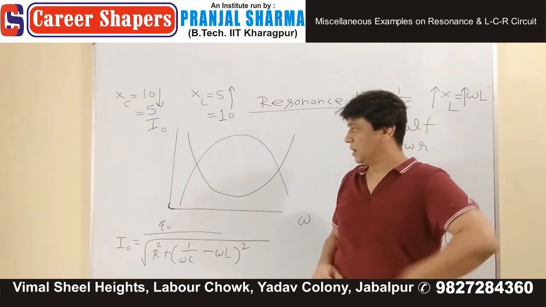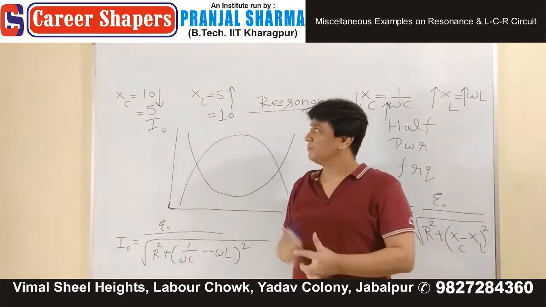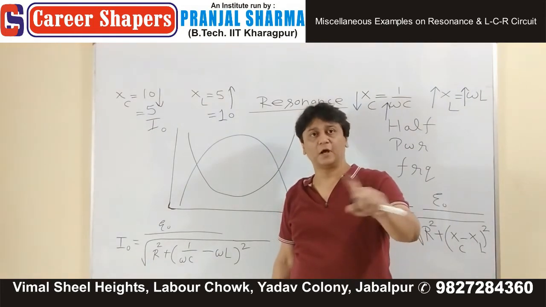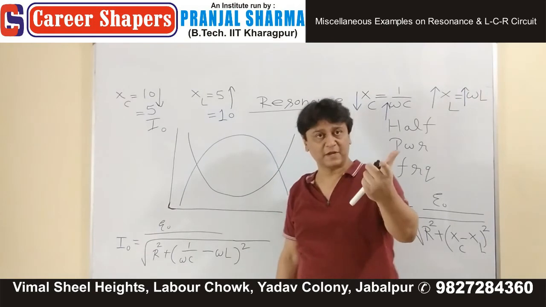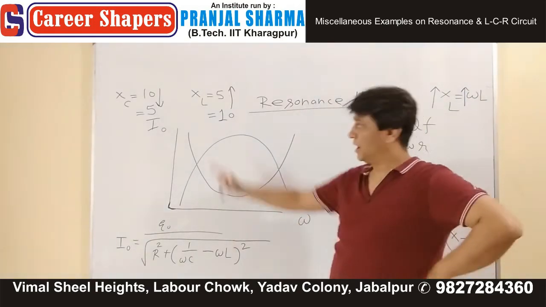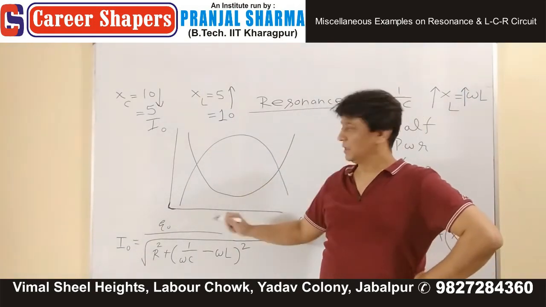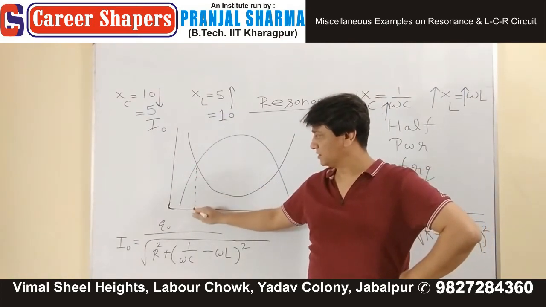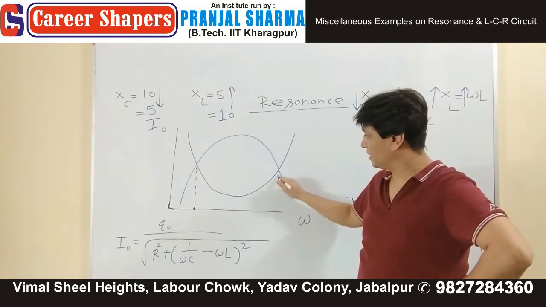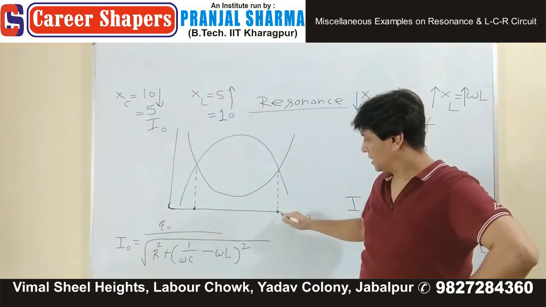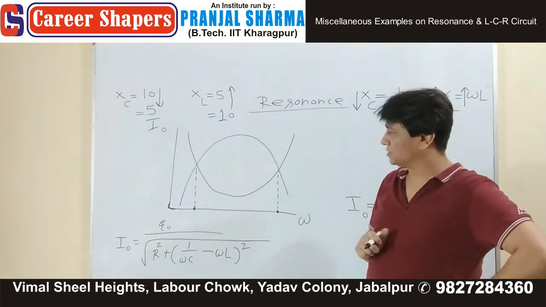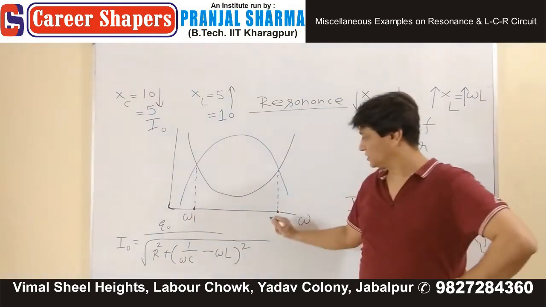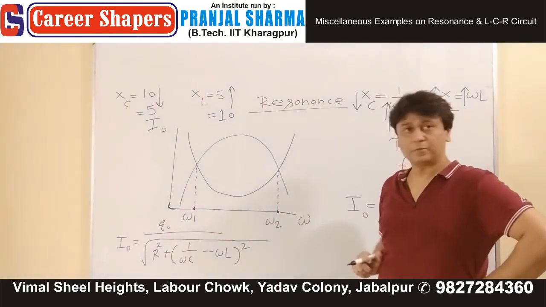Now, this concept tells us that for two values of omega, you will get same I naught. Look at this. Not necessarily this, you could have taken anything, but just to clear the concept. This is omega 1. This is omega 2.